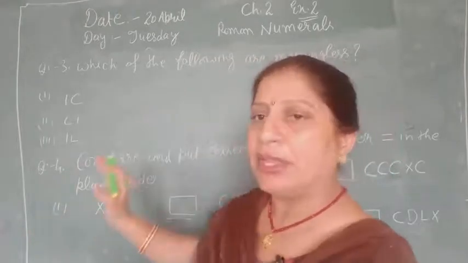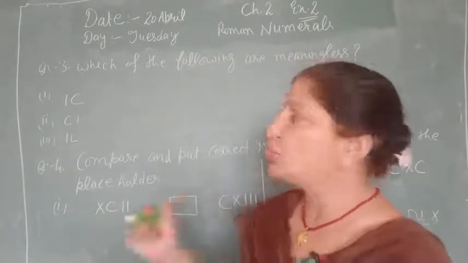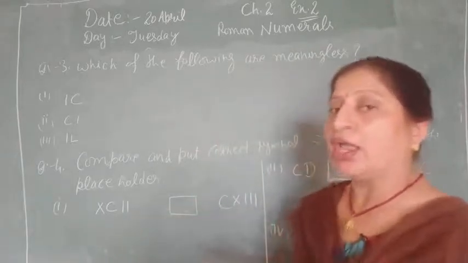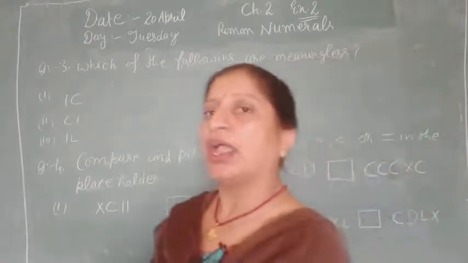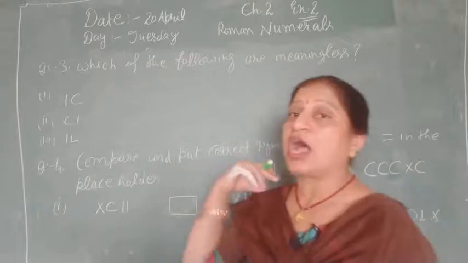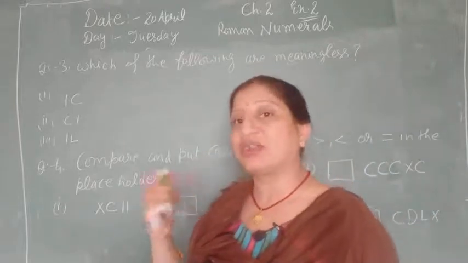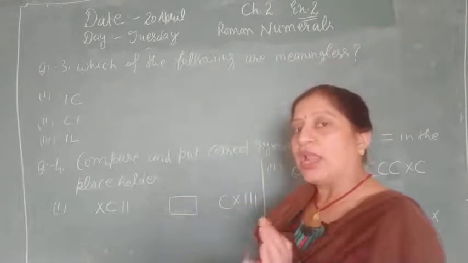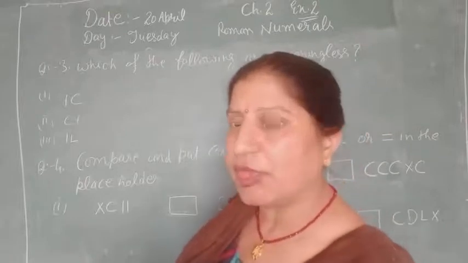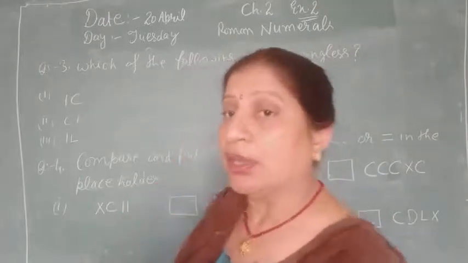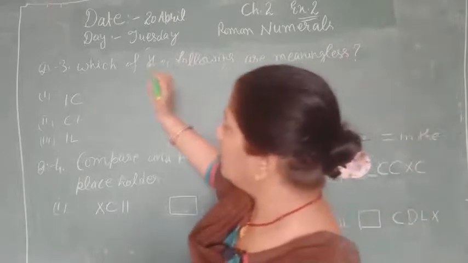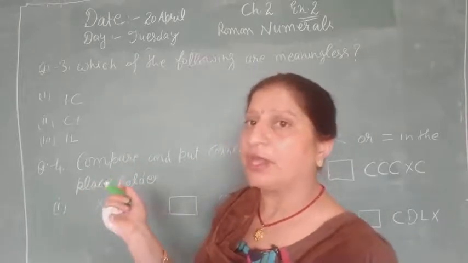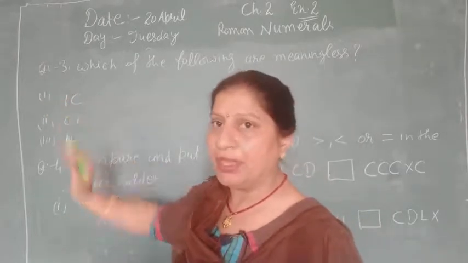No number is repeated more than 3 times, and the symbols which are repeated are I, X, C and M. The symbols which are not repeated and not subtracted from any number are V, L and D. Clear this one? And the third main point is that a number which is subtracted from the bigger number must be nearby the bigger number.